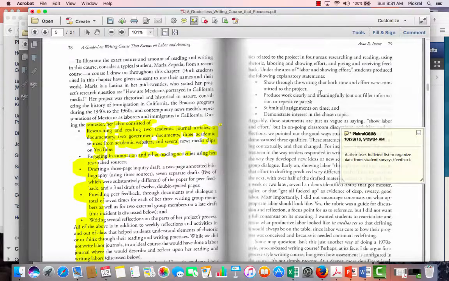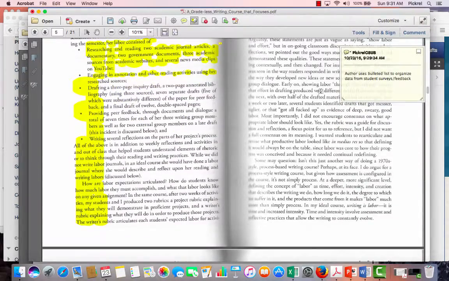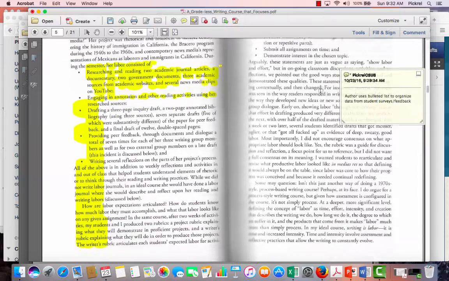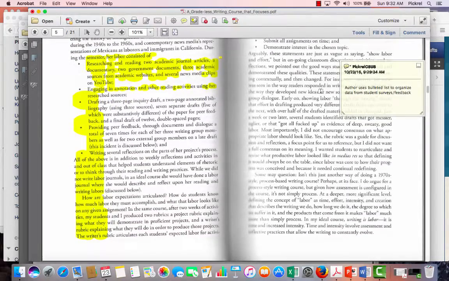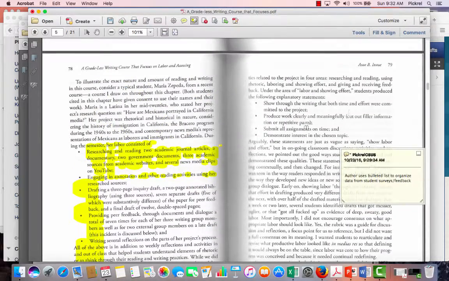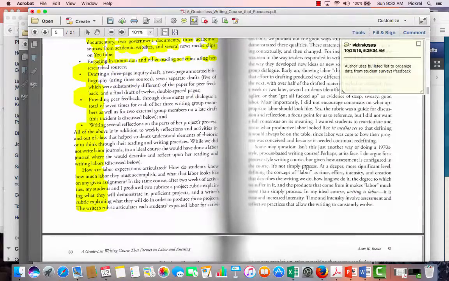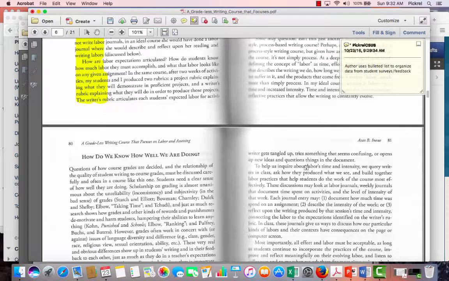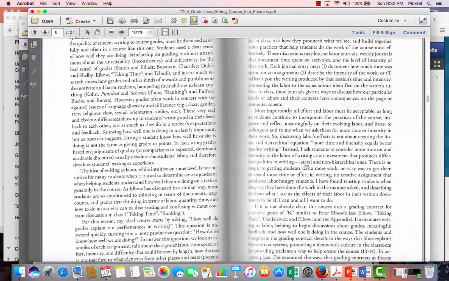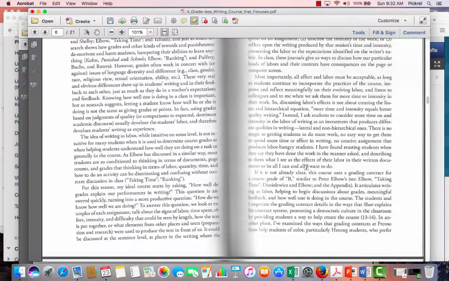Here he gives information about how the students are articulating the expectations for labor, and again he gives us a bulleted list. Later in the article, and at certain points along the way, we also get other types of evidence besides just the evidence from his students that he's collected.